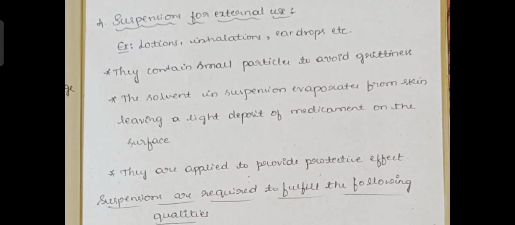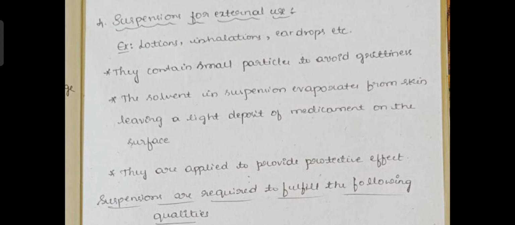Next, suspensions for external use. Examples are lotion, inhalation, and ear drop. Lotions are applied to the skin surface, inhalations are inhaled through the nasal route, and ear drops are administered into the ear. They contain smaller particles to avoid grittiness, similar to the eye preparation, as I said.